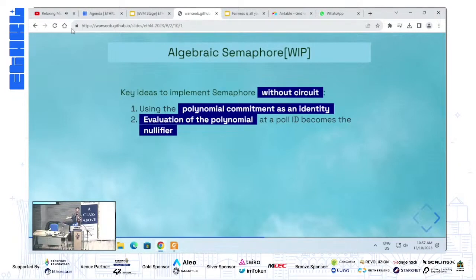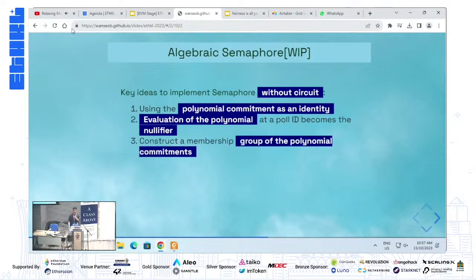your polynomial, for example, f sub Alice of x, and if Alice wants to vote in a poll, then she should make a formal identity, which is something like f sub Alice of m, or maybe poll ID.